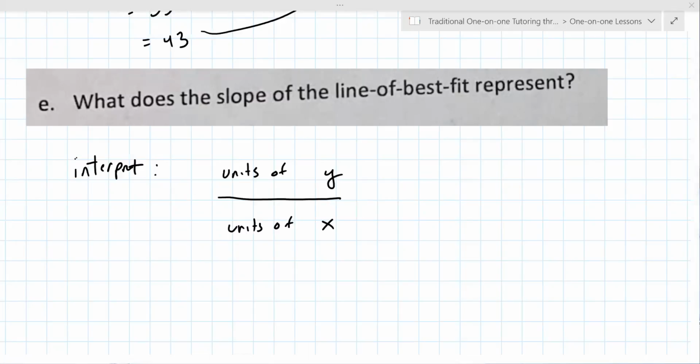What are the units of X? What does X stand for? We're looking at the table in the top left. What did we identify as X? Which column?